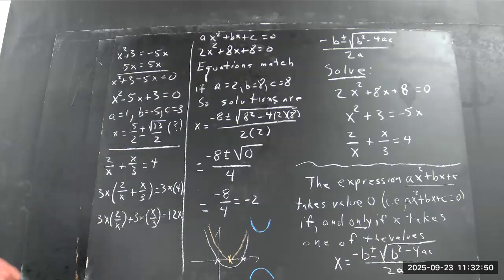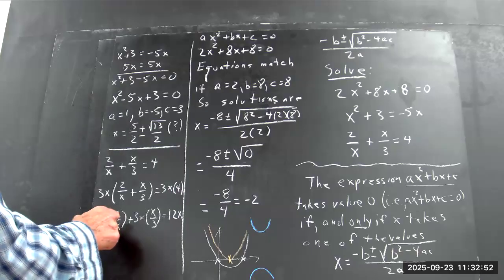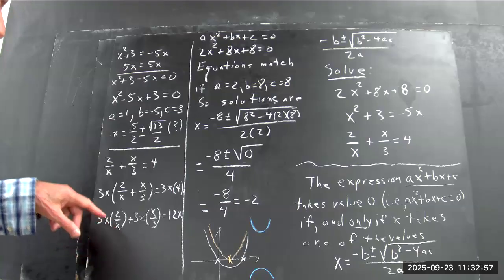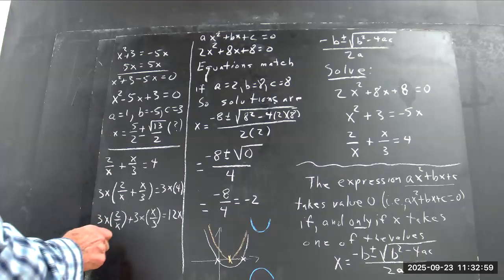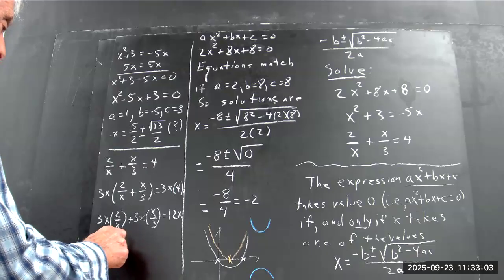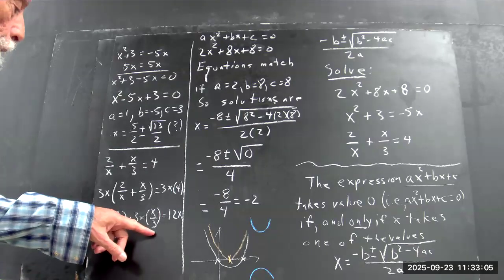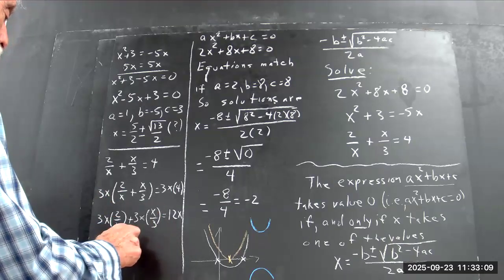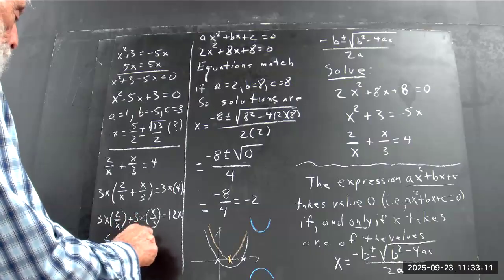Then, if we want to treat it as a fraction, we have 3x over 1, 3x over 1. The x in the denominator will divide the x in the numerator, and we'll end up with 6. And now the 3 in the denominator will divide the 3 that's in the numerator. We have x times x. That's x squared.